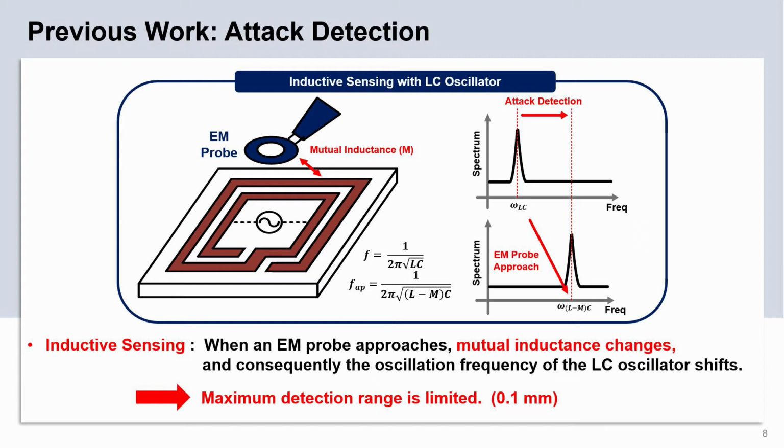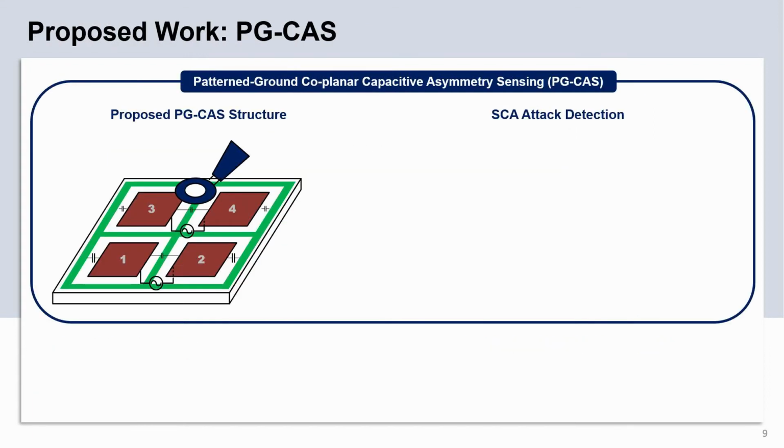0.1 mm. In order to resolve the issue, we proposed an advanced sensing structure which is called patterned ground coplanar capacitive asymmetry sensing. This consists of 4 metal plates and a patterned ground grid. The metal ground grid is formed using the metal layer immediately below the plates. Although different metal layers are used, the coupling plates are close enough to form capacitance.